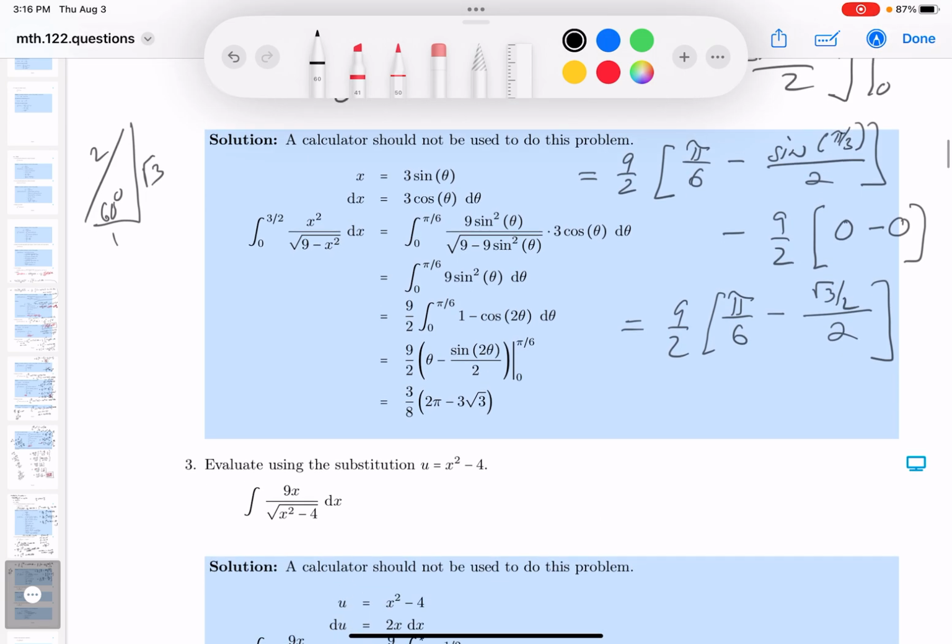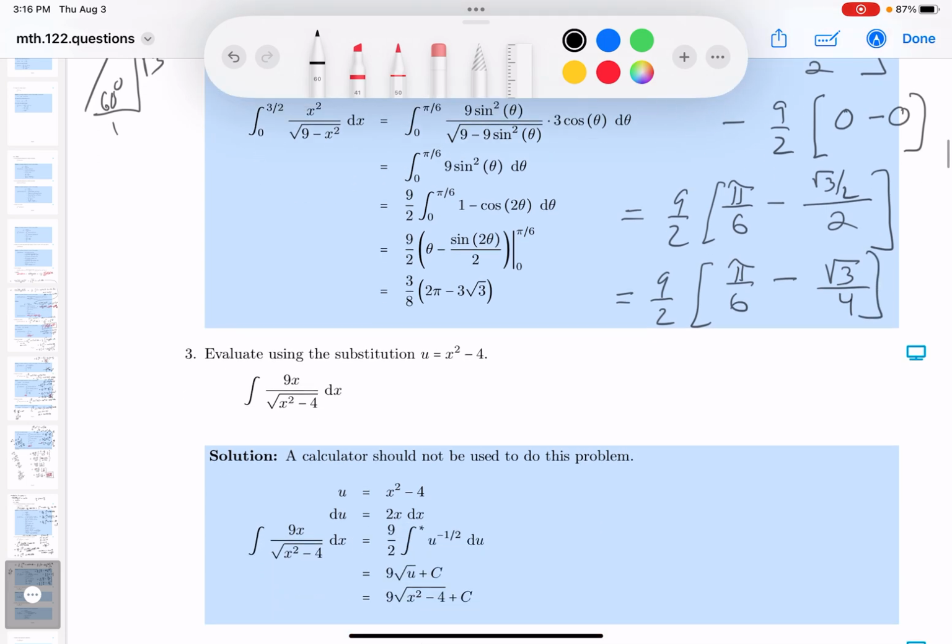Now, I need to clean that up, so 9/2 times pi over 6 minus root 3 over 4. I'm going to keep simplifying it. I want to get it nice and neat. 9 over 2, I'm going to say a 12 there, 2 pi, and this would be 3 root 3.